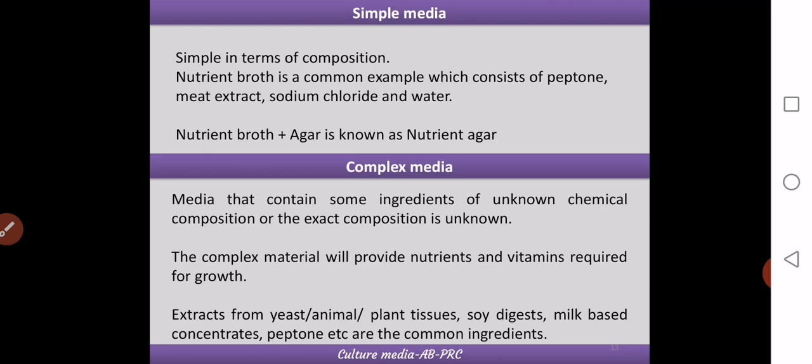Whether it contains nitrogen, carbon, sulfur, and which substrate provides all those things may not be exactly known, right? So it will provide all the nutrients and vitamins required for the growth, and usually there are things like yeast extract, animal extract, plant tissue extract, soy digest, some milk based concentrates, even peptone, all are ingredients which are used in complex media, or which make them complex.